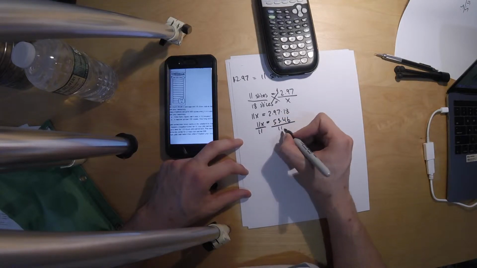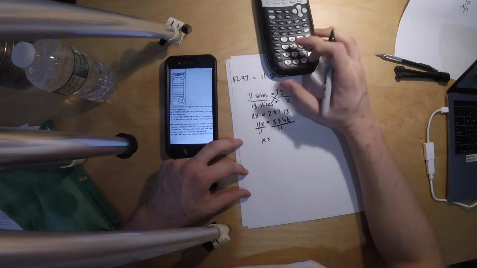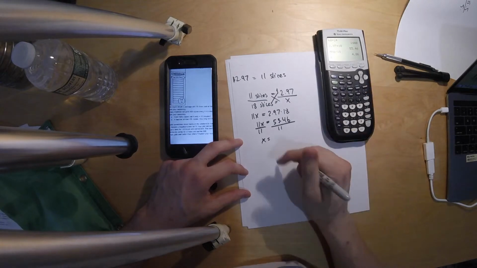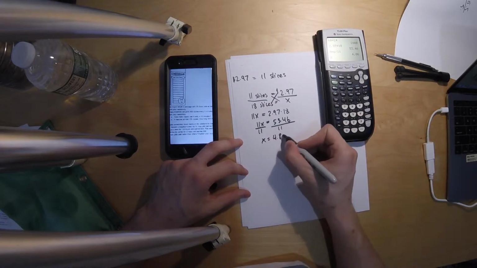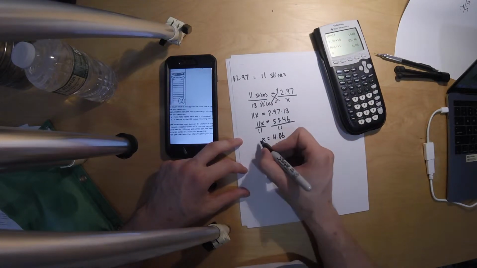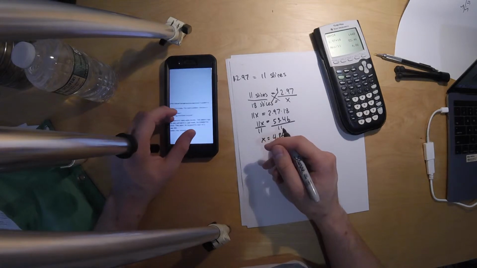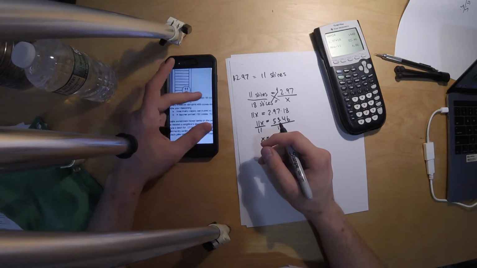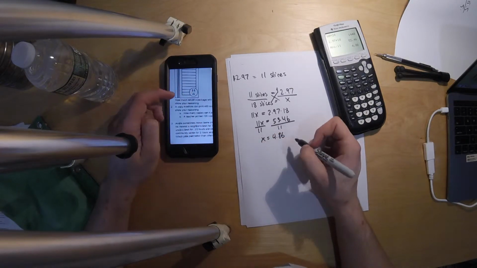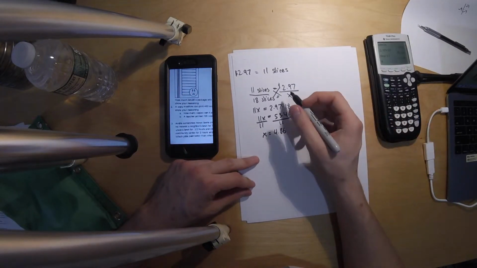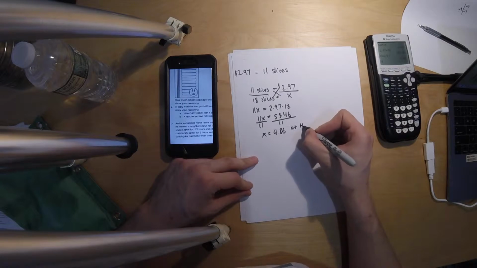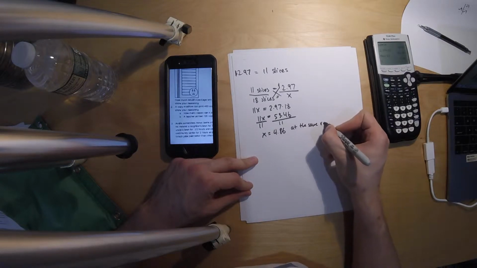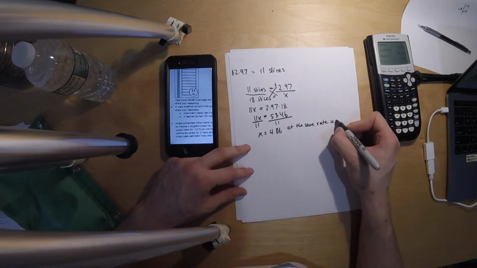Divided by 11, what we get is $4.86. Okay, so that's number one. Explain or show your reasoning. So add the same rate as this.